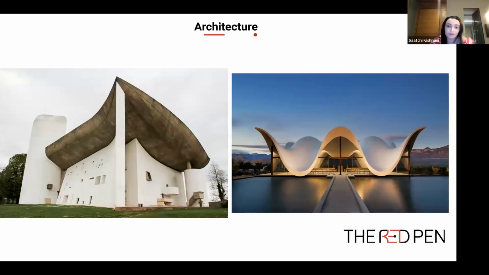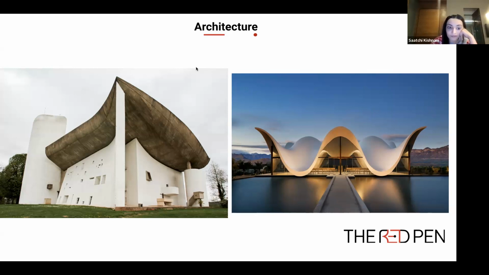These are two chapels. I try to incorporate commercial, residential, exhibitional architecture, ephemeral architecture, and also museums and chapels, so that you get an understanding of what exactly architecture is all about.